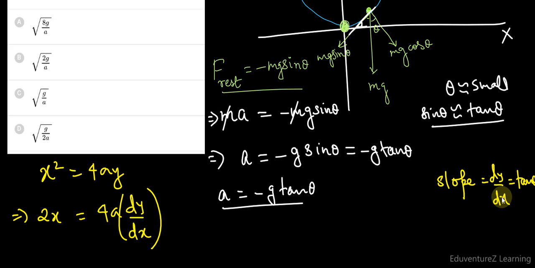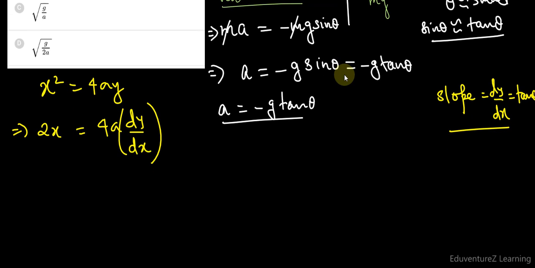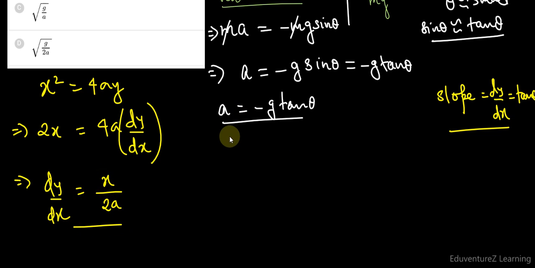So in place of tan theta we write the value of dy upon dx, which becomes x upon 2a. Putting the value of tan theta, a equals minus g x upon 2a. So it is in the form of g upon 2a into x.